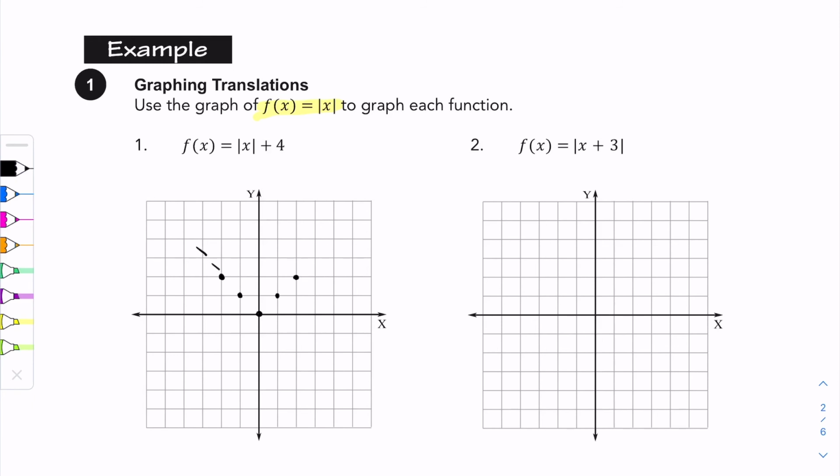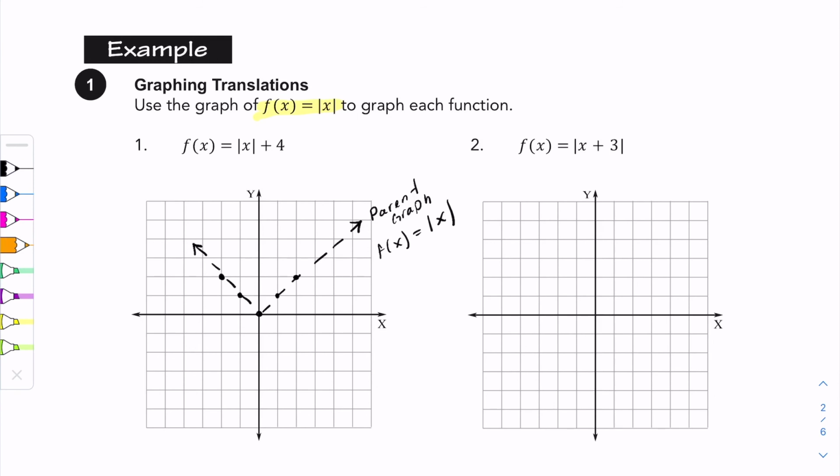And I always graph the parent function with a dashed line, just so my final answer doesn't look super busy with all these lines everywhere in it. So this right here is the parent graph. And the parent graph is f of x is equal to the absolute value of x.